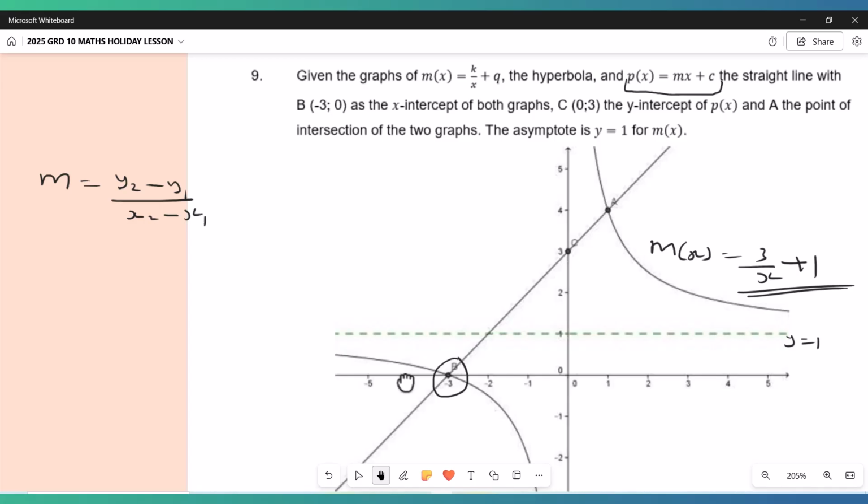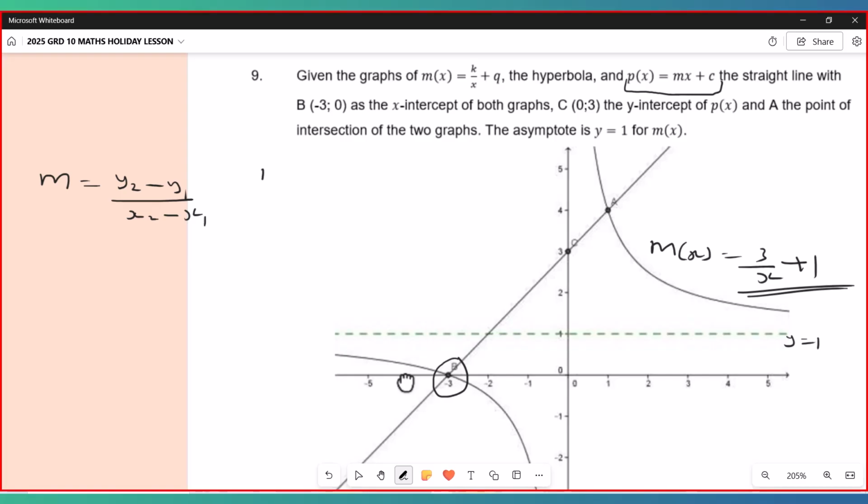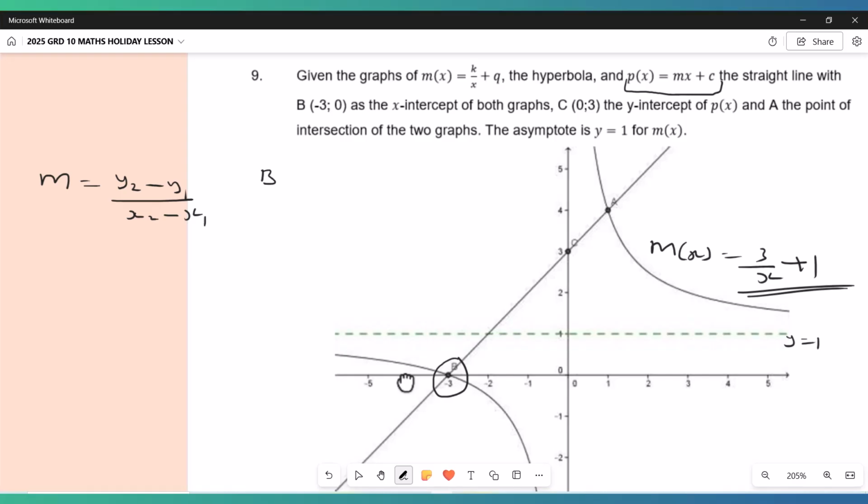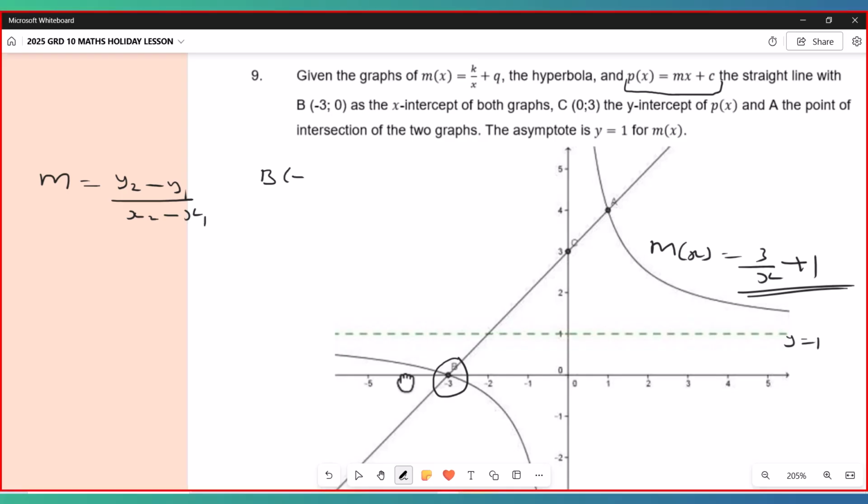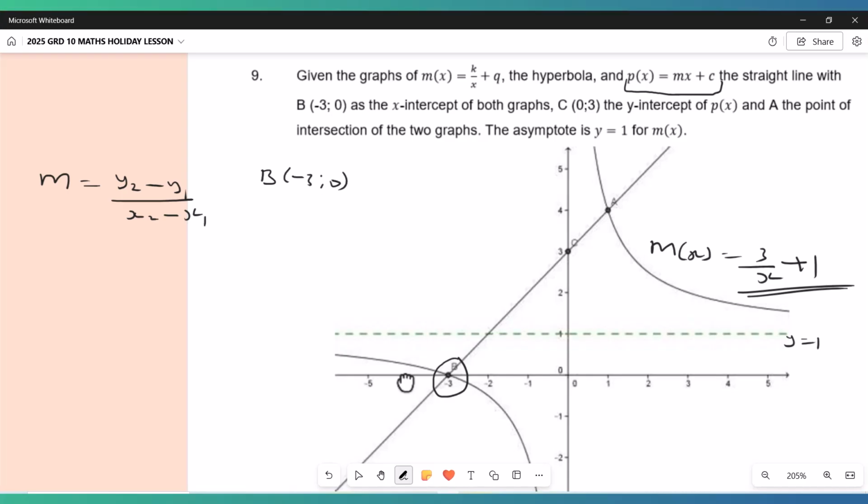So for this matter, I'm using the coordinates of B and C. For B we have negative 3, 0, and for C we have 0, 3. I want my gradient, guys.